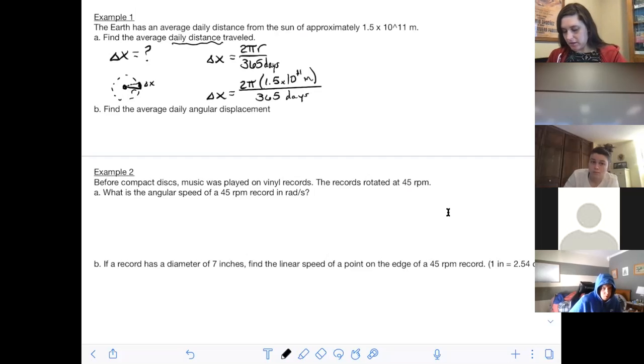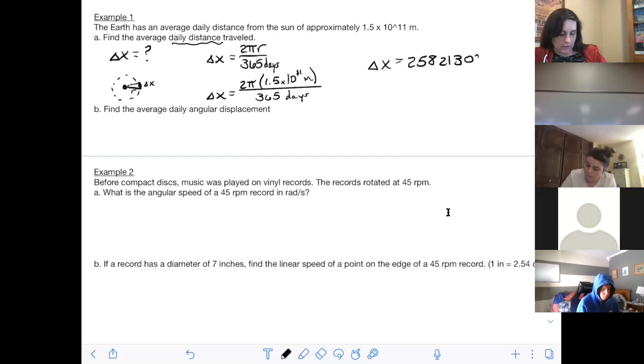So 2 pi times 1.5 times 10 to the 11th, divided by 365, and we get that our daily distance is going to be something crazy: 2,582,130,948 meters. That's almost 2.6 billion meters a day. Dang, that is a lot.